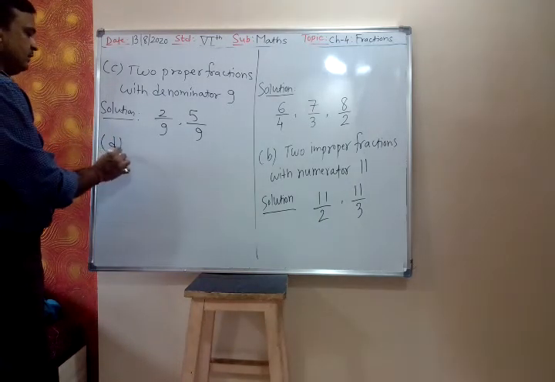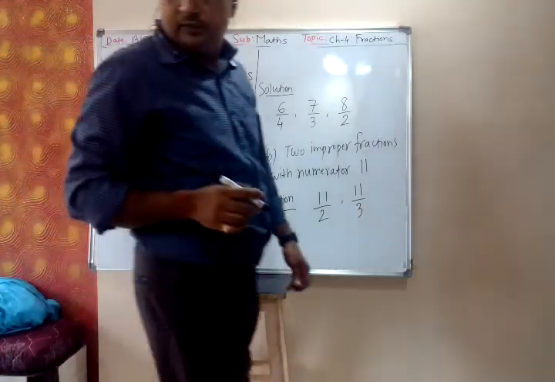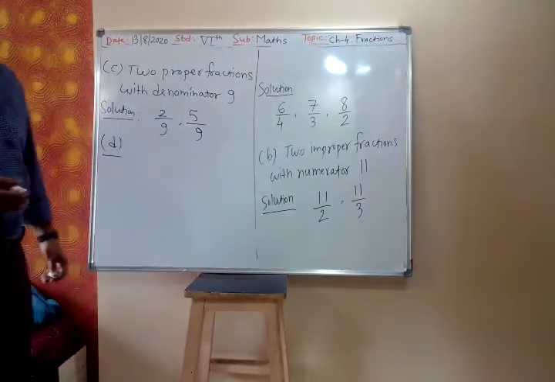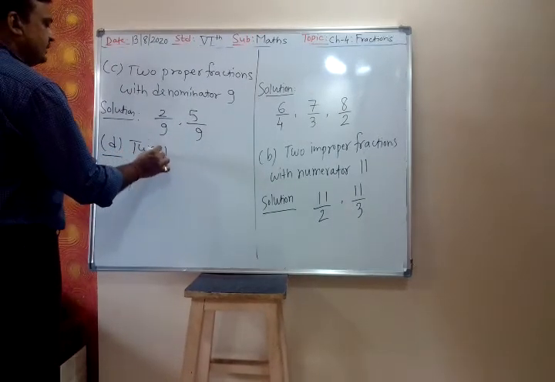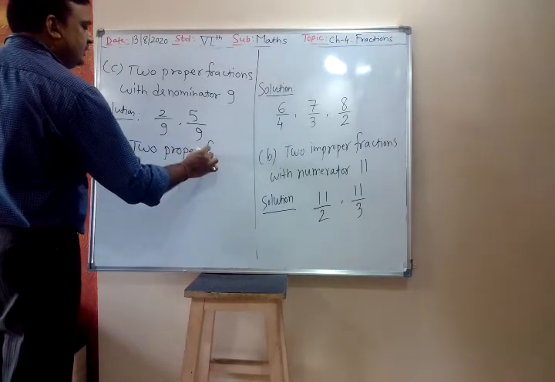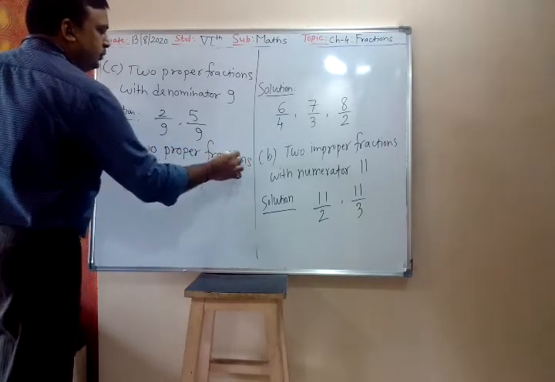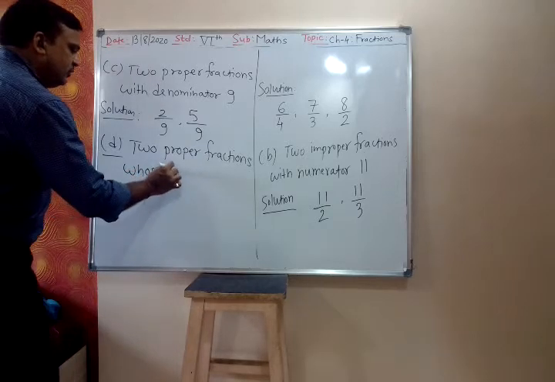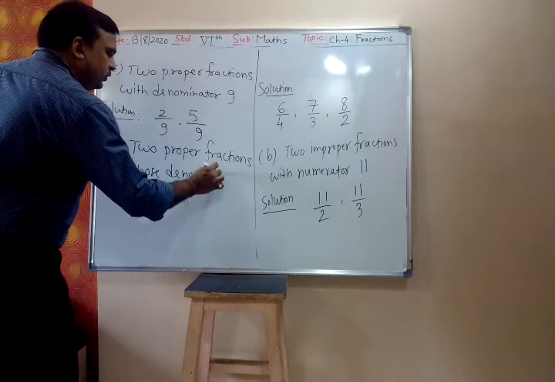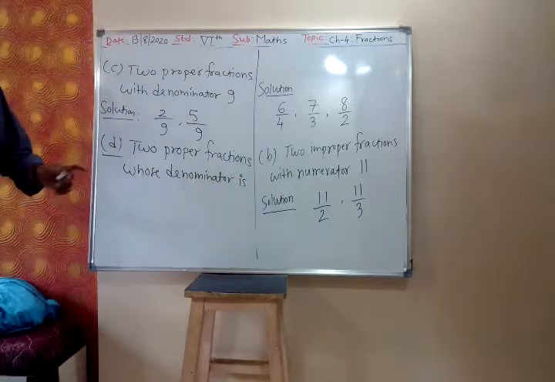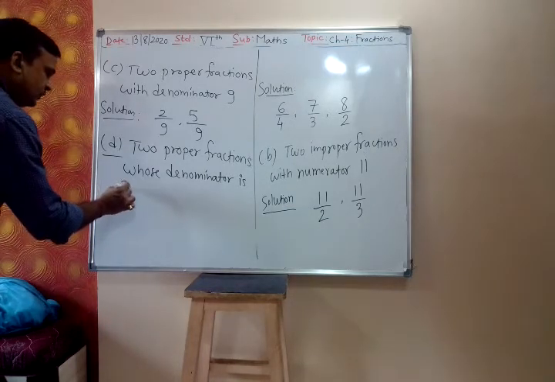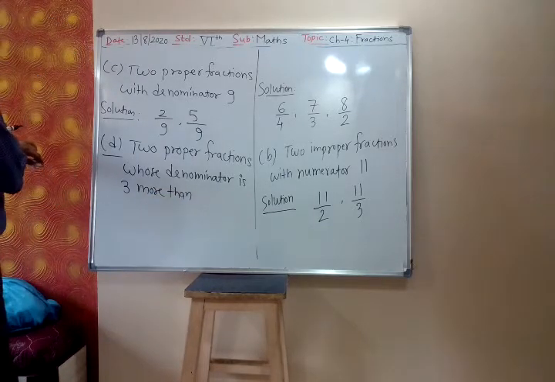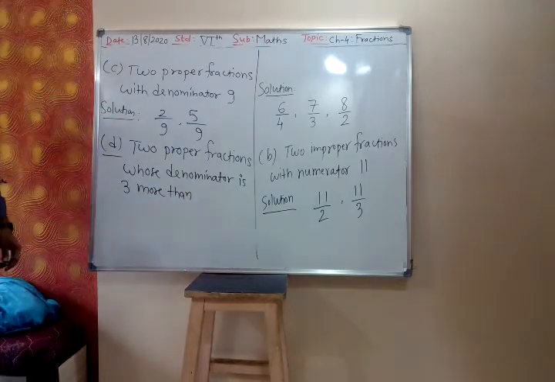Now D: two proper fractions whose denominator is 3 more than the numerator.